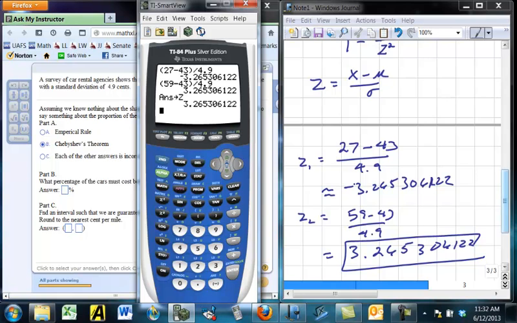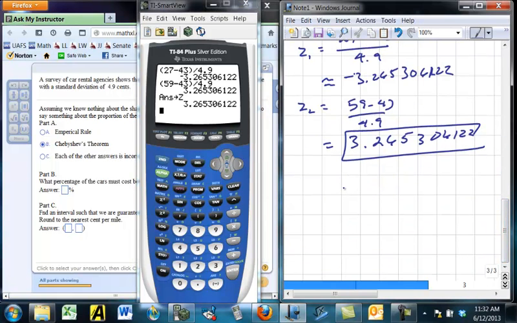The percentage within that interval is given by Chebychev's theorem. That's at least. Again, the interval is mu minus z sigma to mu plus z sigma.